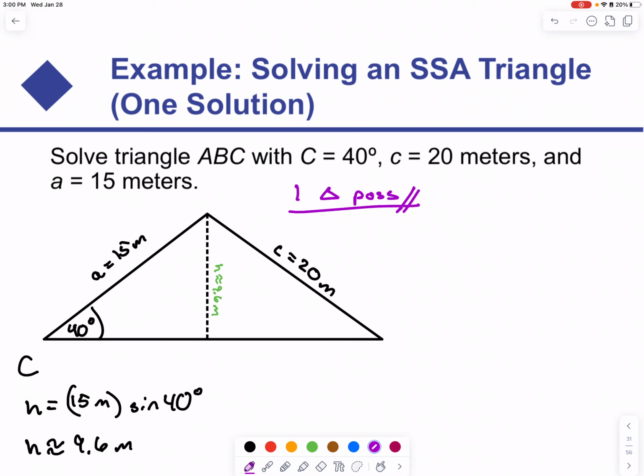All right, so let's fill everything in. If that's side A, that means this is angle A here. This should be angle B, and side B should be down here.